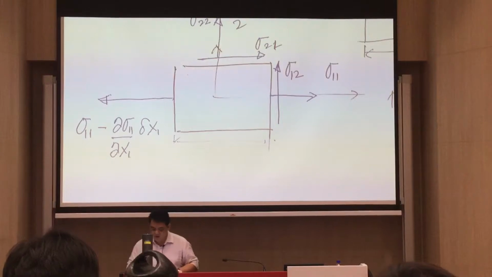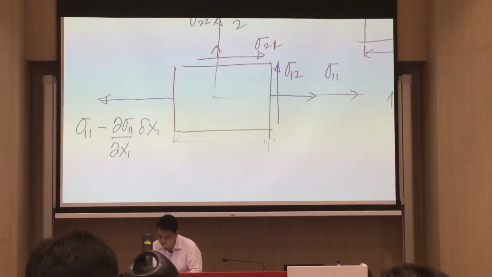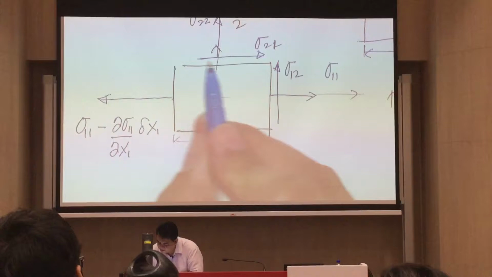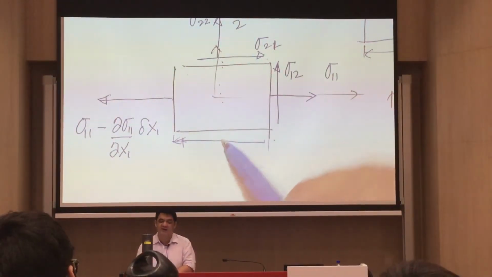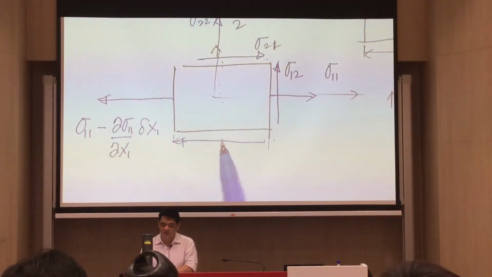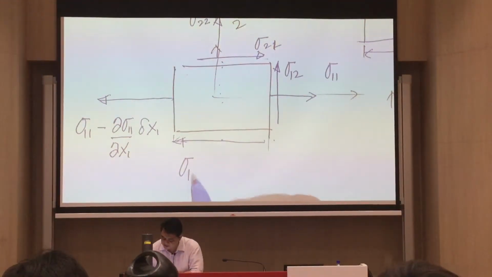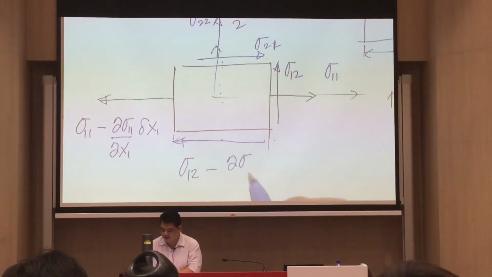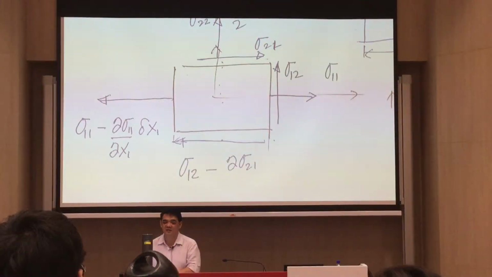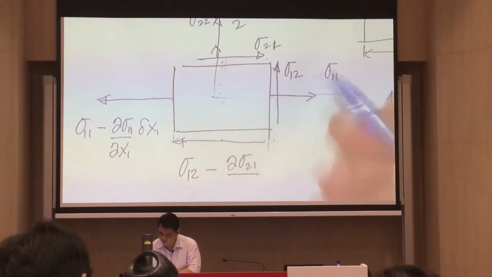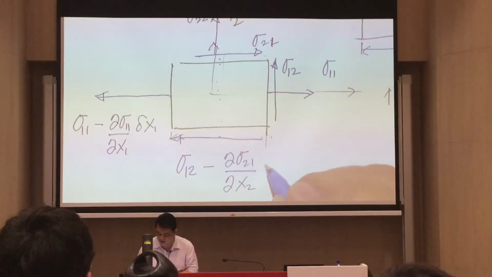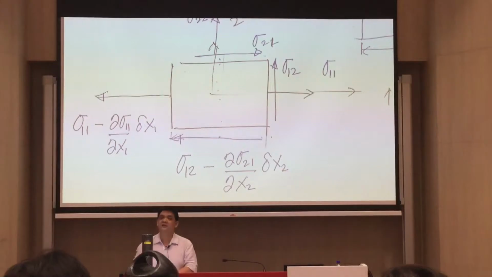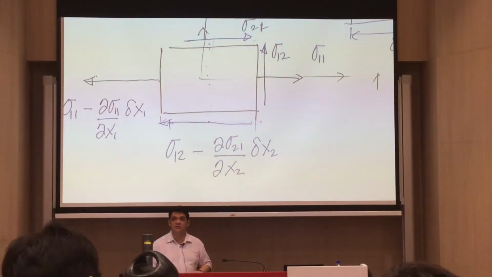Now we have sigma 2,1 here. Now, if this one moves down, there will be a change in stress. And that will be sigma 2,1 plus the change in sigma 2,1 with respect to x2, multiplied by the distance delta x2.